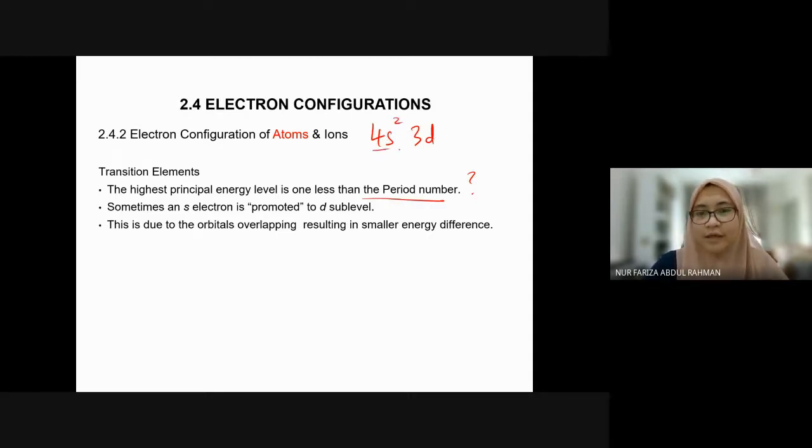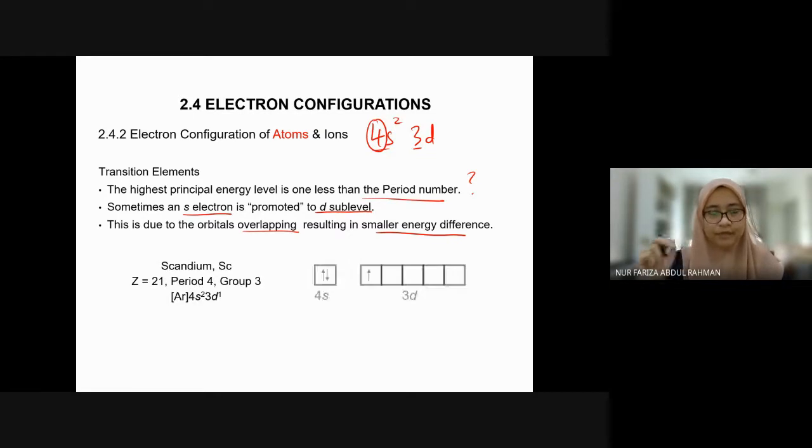So this is what it meant: the first D orbital would be 1 less than the principal energy level. Sometimes an S electron is promoted to the D sublevel, due to orbital overlapping resulting in a smaller energy difference. That is the reason it can be promoted.